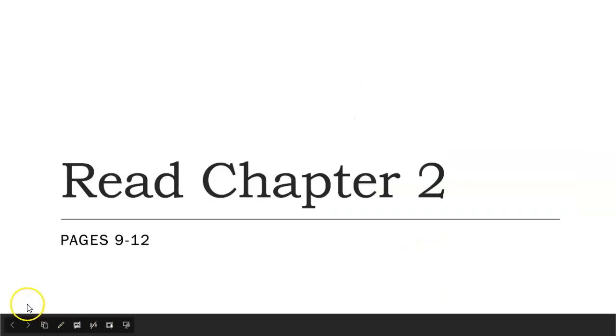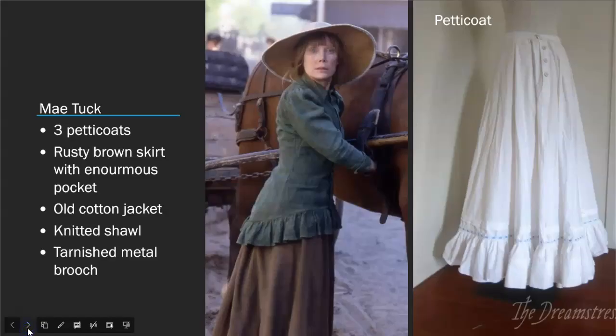Go ahead and read chapter 2. Okay, so in chapter 2, we learn about May Tuck. Here's a picture of May Tuck from the movie. There's a movie. We're not going to watch it, but this is kind of a description of that. She had 3 petticoats. This is a petticoat here.